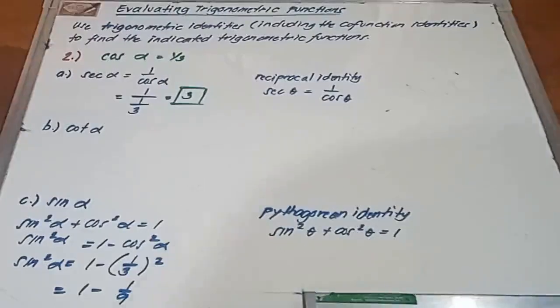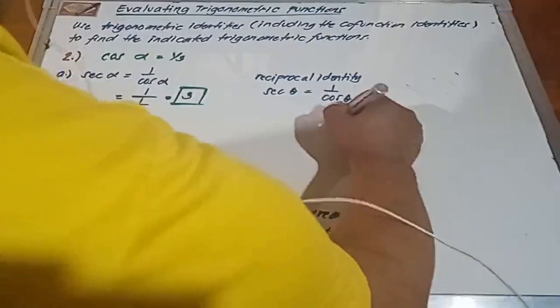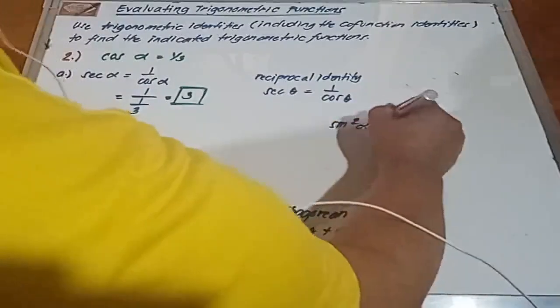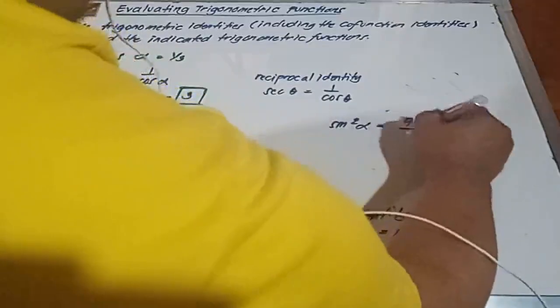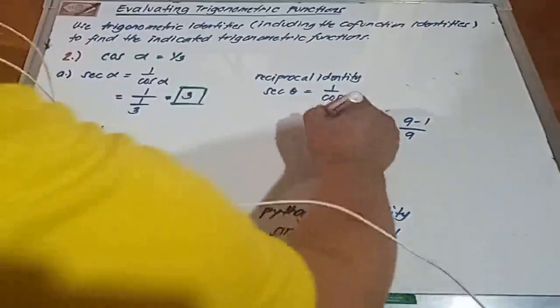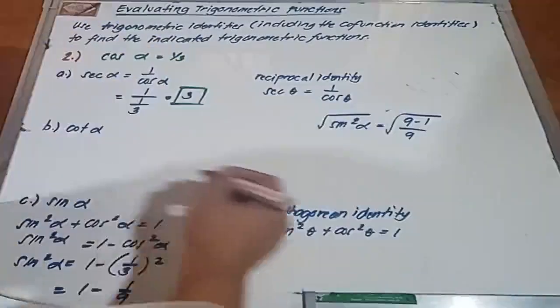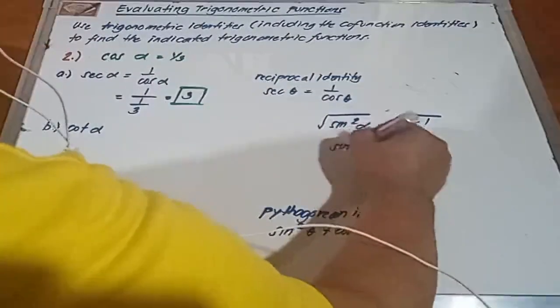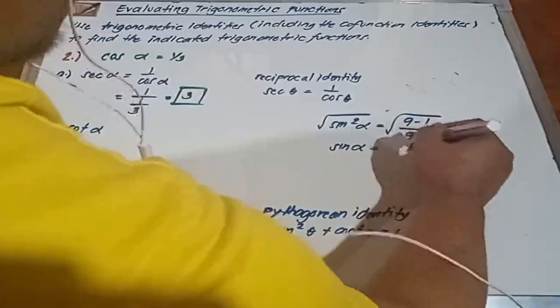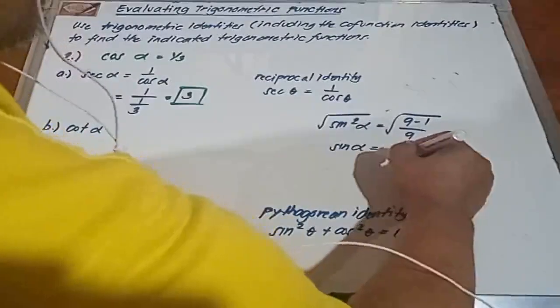So, that is sine squared alpha is equal to 9 minus 1 over 9. Then, square root natin both sides. So, we have sine alpha is equal to square root of 8 over square root of 9.